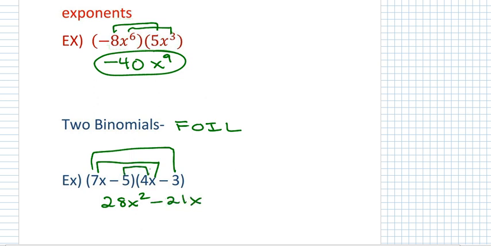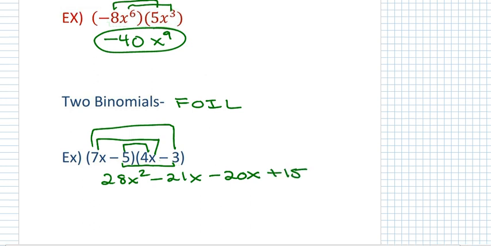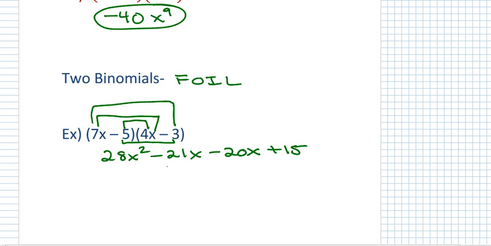Then you do inner, and you get negative 20x. And then you do last. So negative 5 times negative 3 is positive 15. Then you want to combine the like terms. So notice the like terms there. So you get 28x squared minus 41x plus 15.